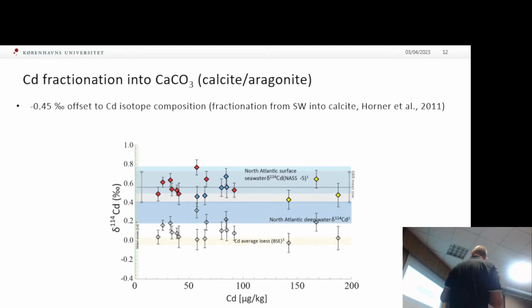This is the raw data, and this is the corrected data, and it shows that all samples are statistically within the Northern Atlantic surface seawater. And we were very happy about that because they should be in that range.